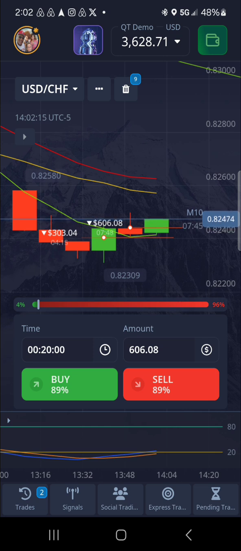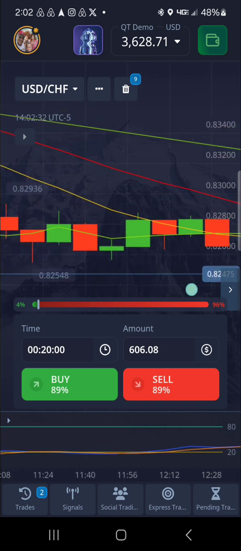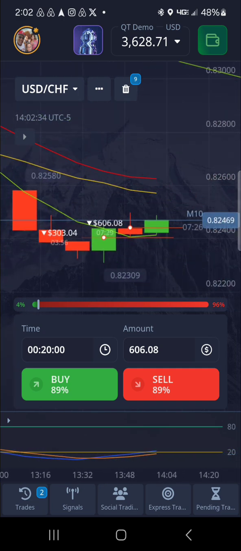I've been messing with this since 6 in the morning, 6:30 or whenever I got on. Maybe I'm having a little bit of fatigue and want to just get it over with. That is a problem. When you get fatigued, you start putting in trades faster than you would like.